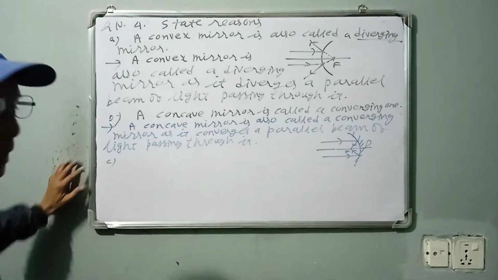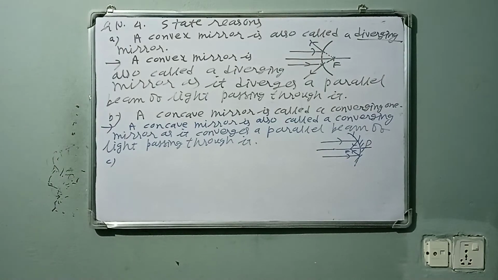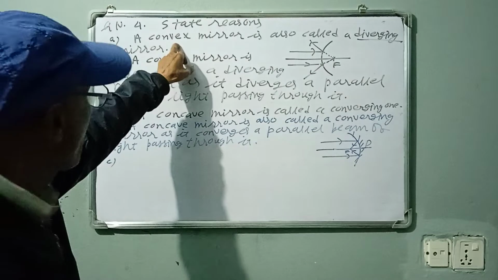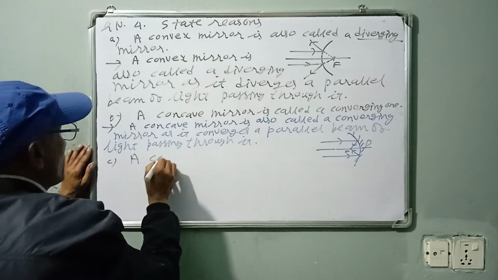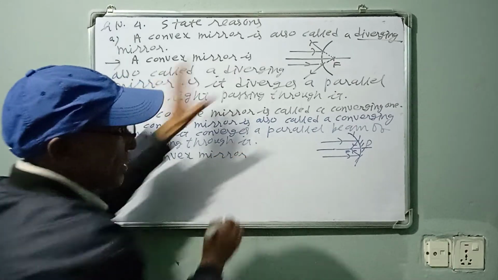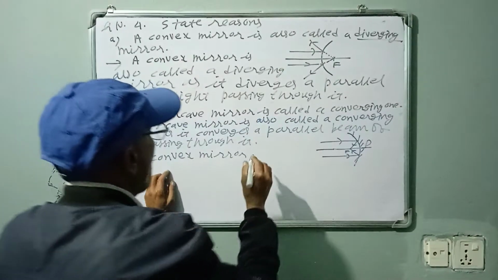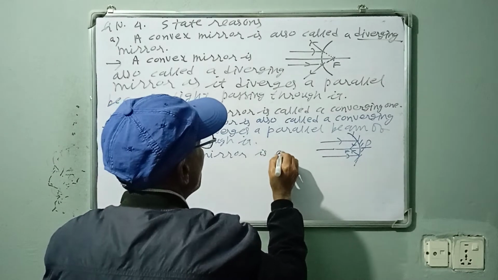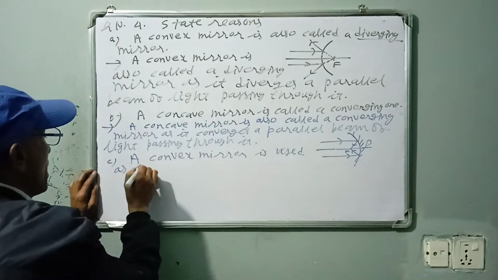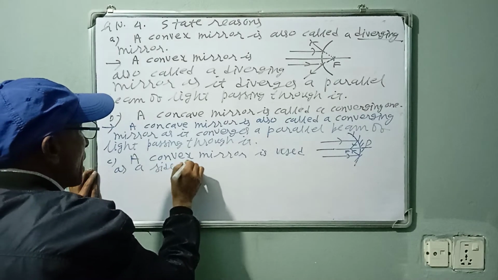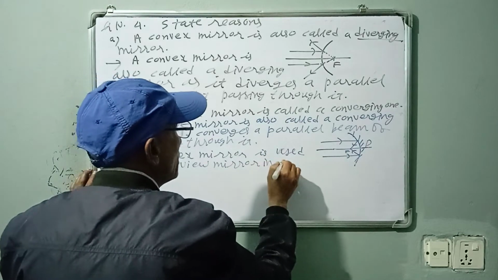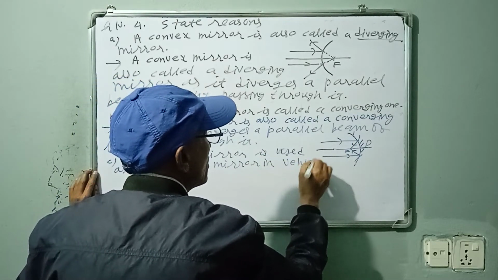That was the question related to refraction of light. So the reflection of light part is done. One question, convex mirror. Now a question related to use. A convex mirror is used as a side view mirror in vehicles.